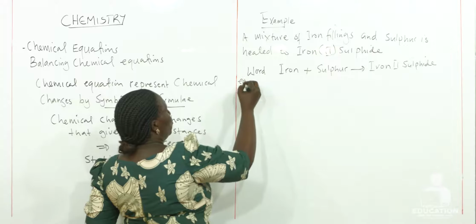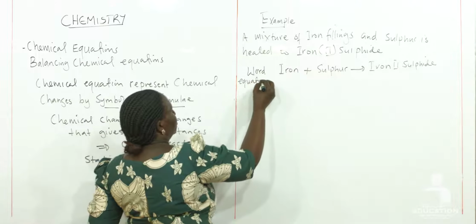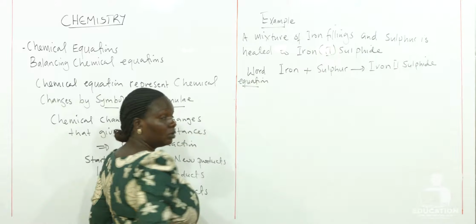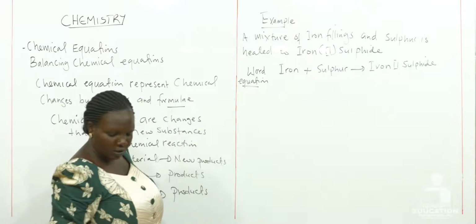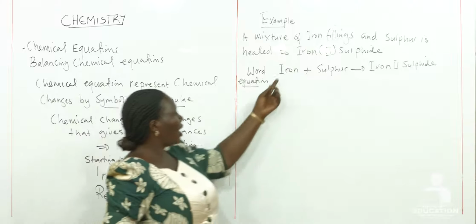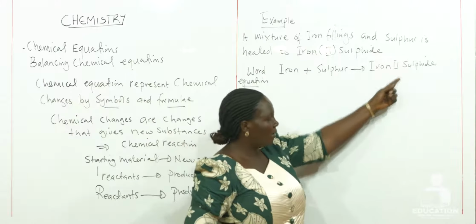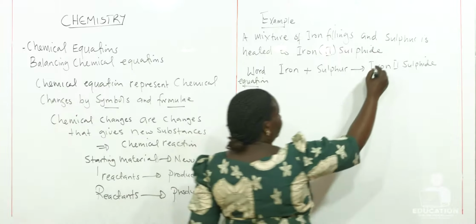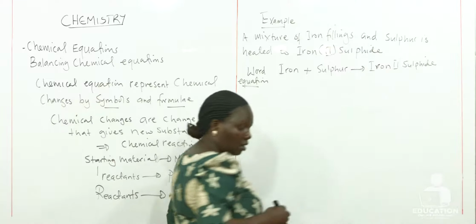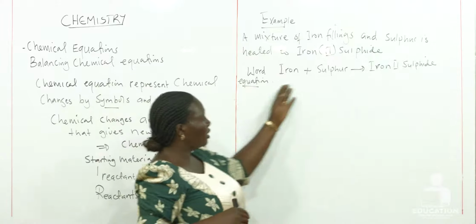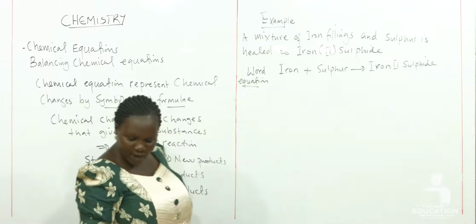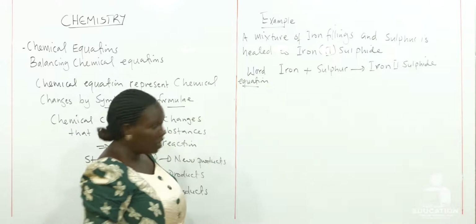This is what we call a word equation. We display the whole thing using written words. But instead of writing all this long, we can simplify this using a chemical equation.